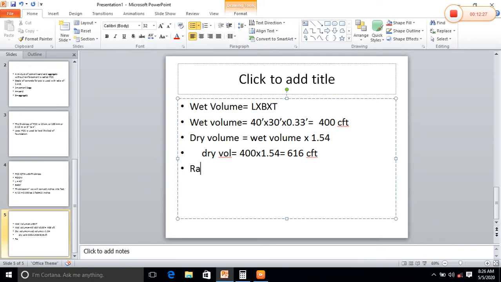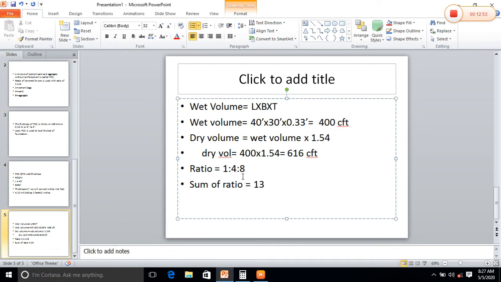Okay, now the next step is ratio. We have ratio is equal to 1 ratio 4 ratio 8. So we will sum this ratio. Sum of ratio is equal to 13.